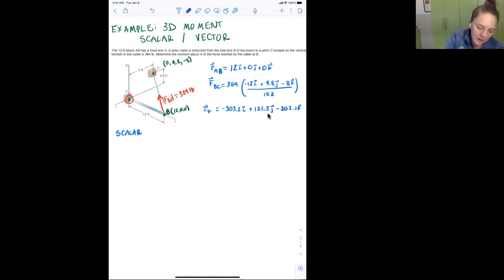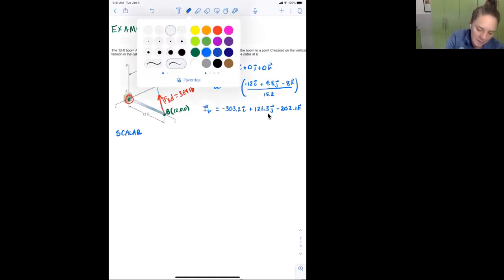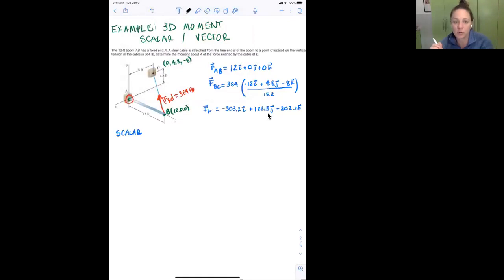Okay, let's go back over and calculate the moment about point A using a scalar approach. I'm going to do that by looking separately at how this force is causing moment about the x-axis, the y-axis, and the z-axis that goes through that point A. I'm going to start with my x-axis. I did this example in a previous video; you can go back and look at the lesson 10 videos.